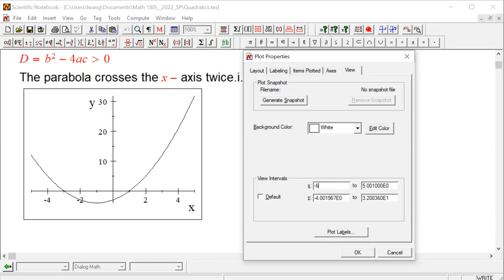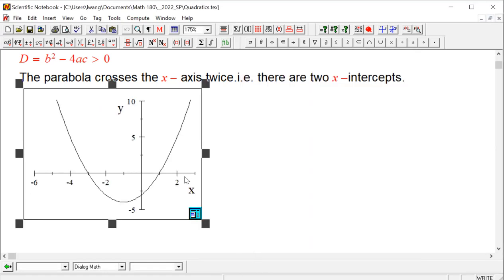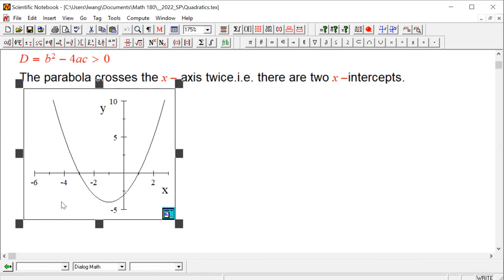This is going to be something like that. How does that look? Yes, so this is the case where the discriminant is positive. The curve opens up. The curve could also open down.